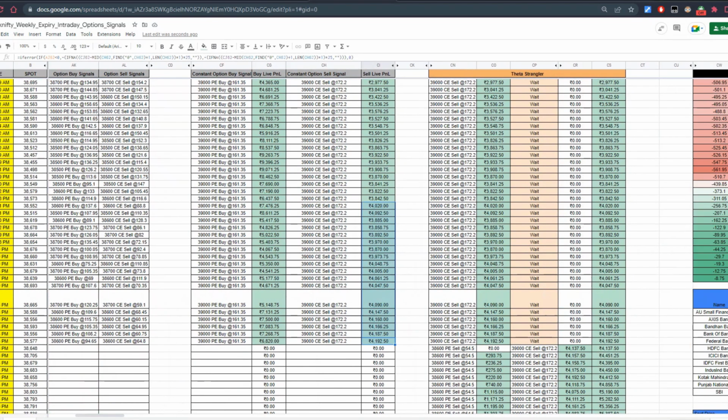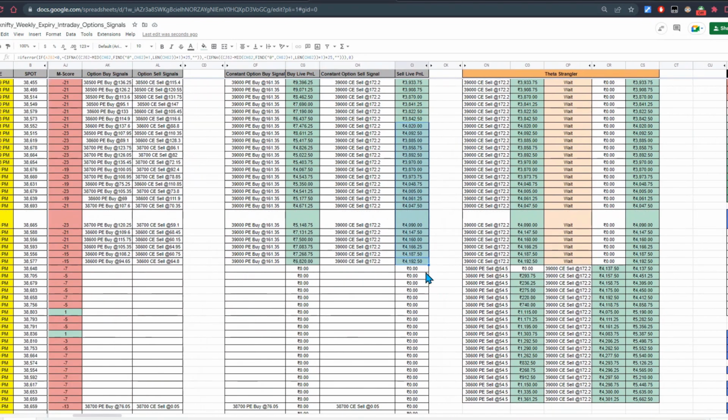And had you done mixed signals, which is when the signal stopped coming, had you entered a strangle position over here, you could have easily finished the expiry with a 5.5K profit. This is on one lot. So just think, if you do multiple lots, the rewards can be multifold as well.